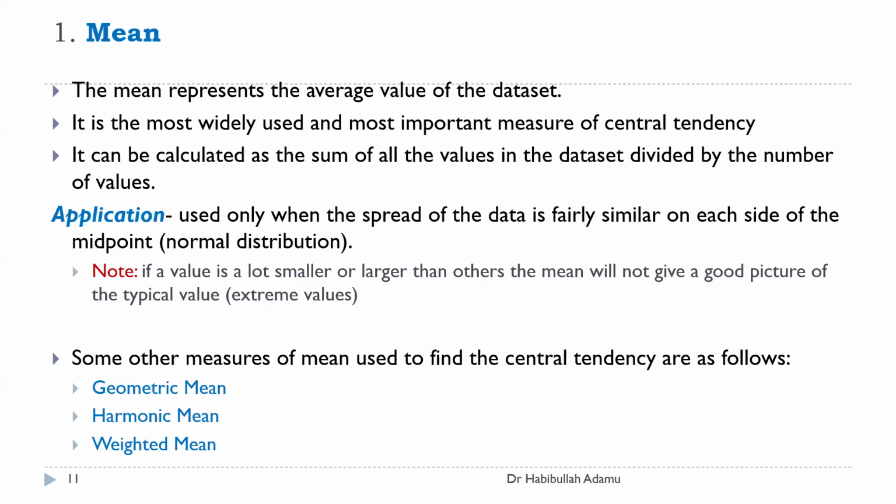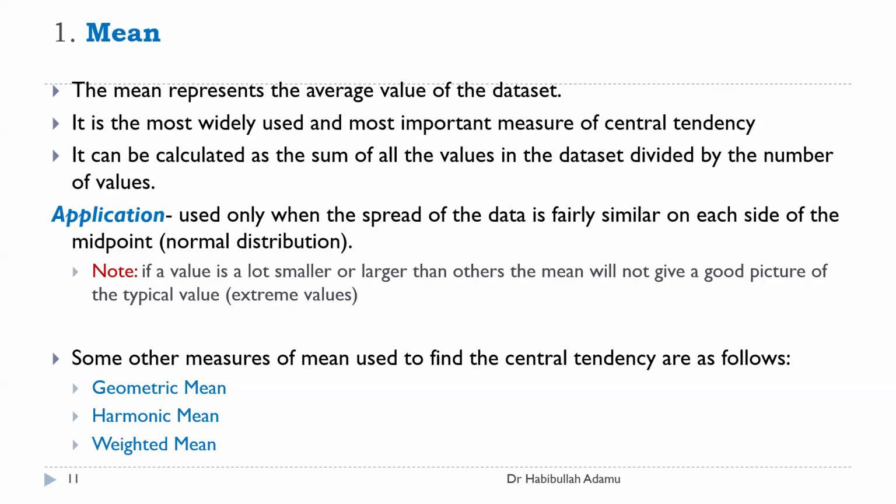You want to know the mean, you simply add all of them and divide by 10 because they are 10. If the values are close to each other, that means if it is age, if the ages are close to each other, not widely spaced, then that is when the data might be regarded as normally distributed data. So that means mean is only used if the data is normally distributed.